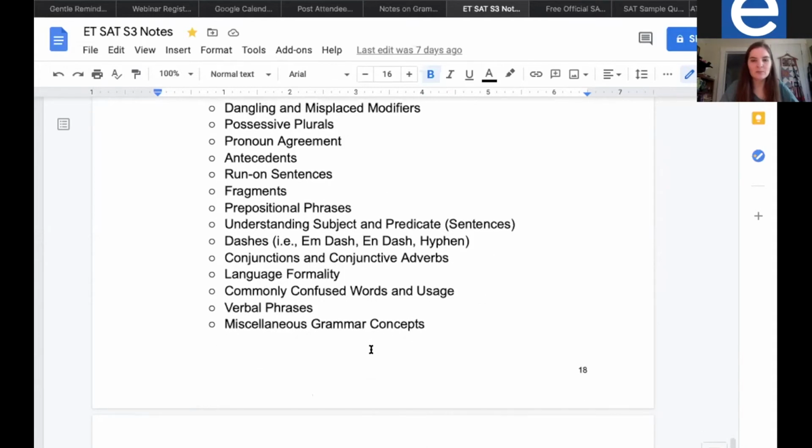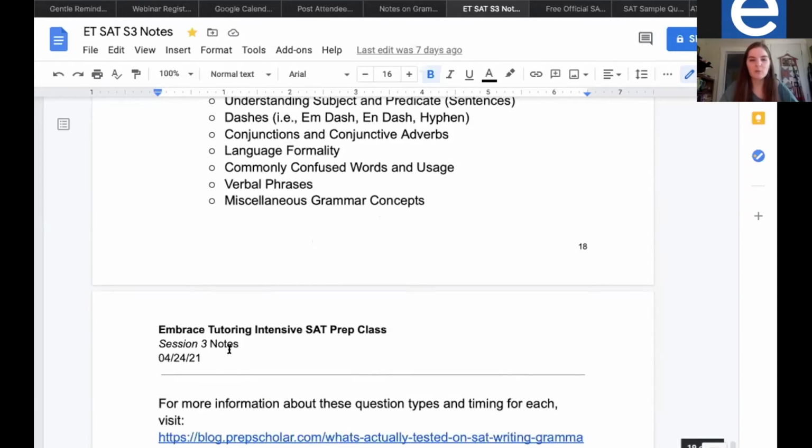Possessive plurals, pronoun agreement, antecedents, run-on sentences, fragments, prepositional phrases, understanding subject and predicate. So essentially understanding sentences. Dashes, so there are examples: em dash, en dash, hyphen. Those are just some common ones that we use frequently and that they test you on.